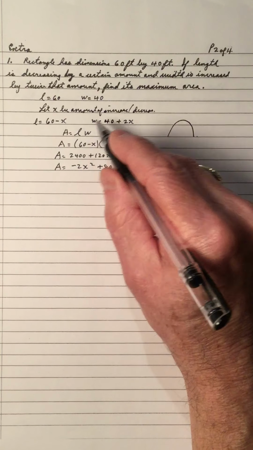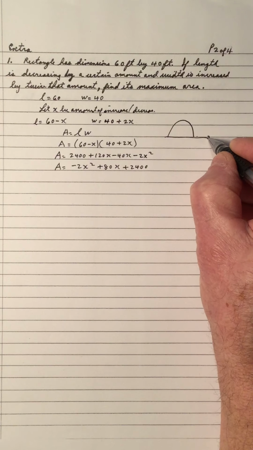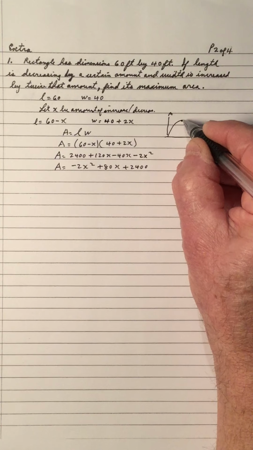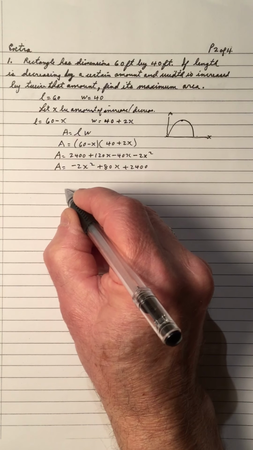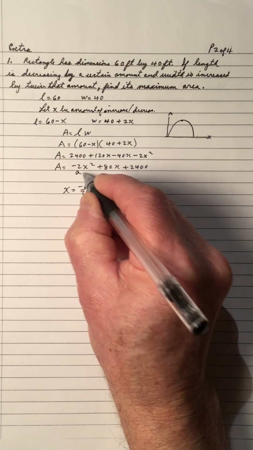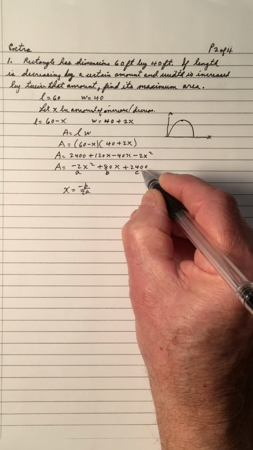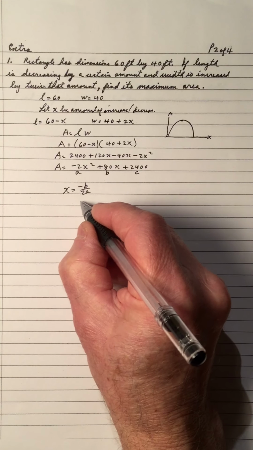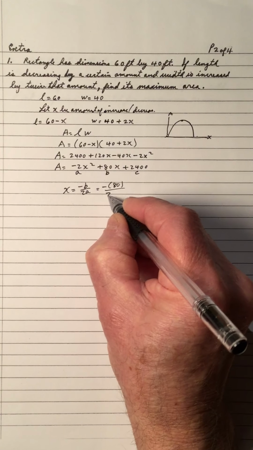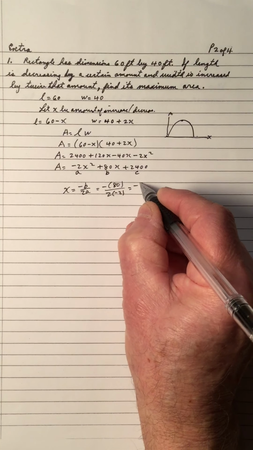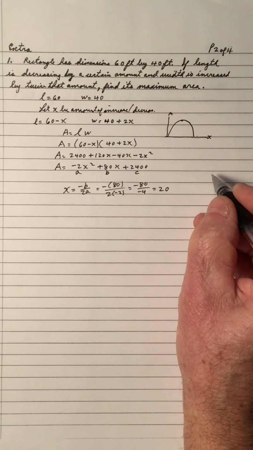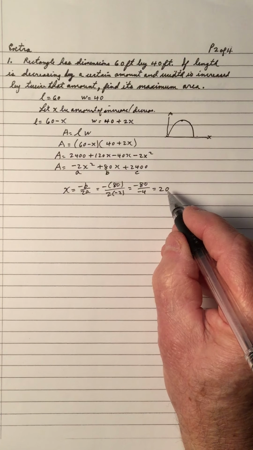The x is the amount of increase, and going up here is area, and this gives us a vertex. So we have x equals negative b over 2a. A is negative 2, b is 80, c is 2,400, and that gives us a negative of 80 over 2 times negative 2, negative 80 over negative 4. So x is 20. So x is the amount of increase of 20.